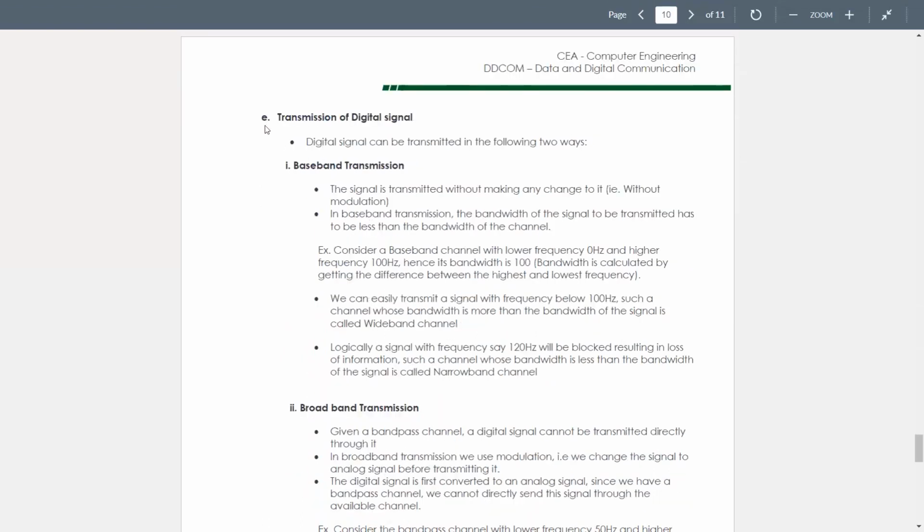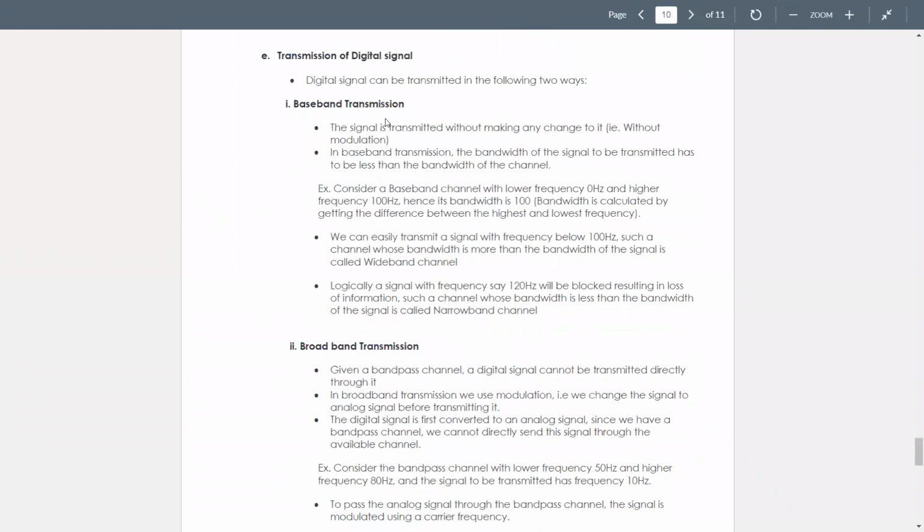Here we have transmission of digital signals: baseband transmission and broadband transmission. In baseband, the signal is transmitted without any changes, because it's already digital, so no changes at all.